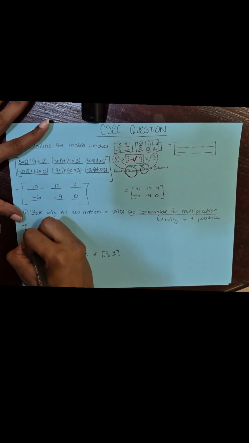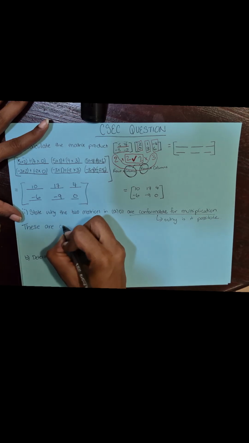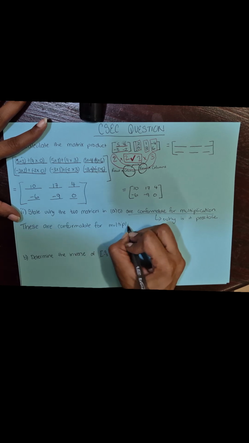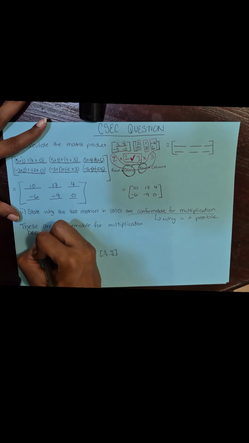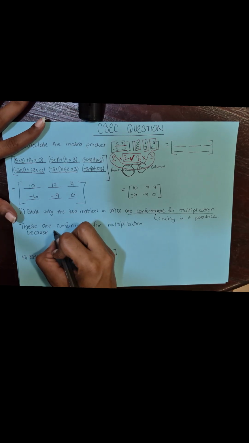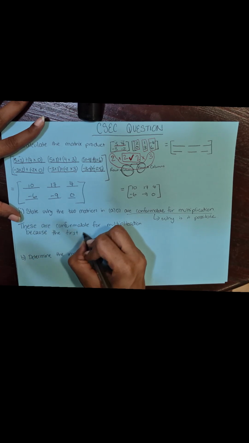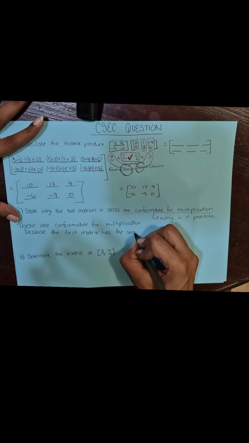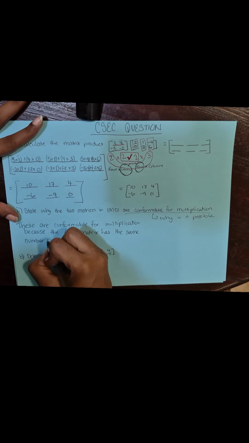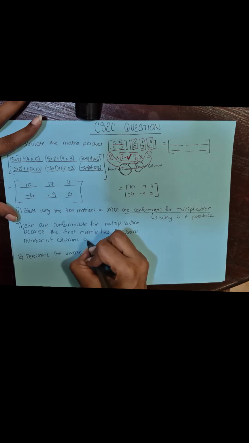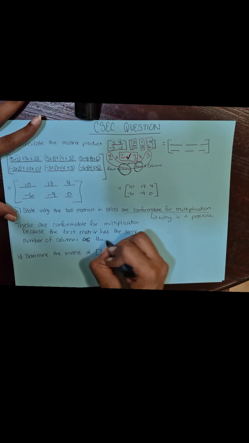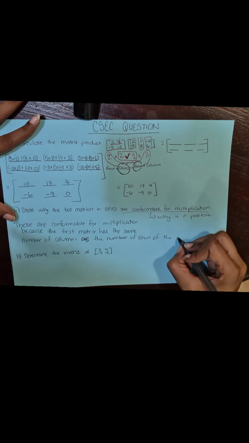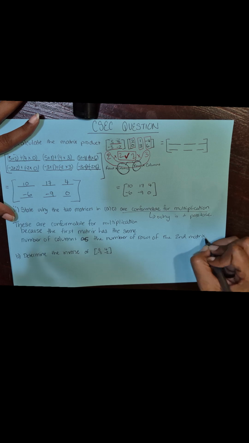So these are conformable for multiplication because the first matrix has the same number of columns as the number of rows of the second matrix, right?